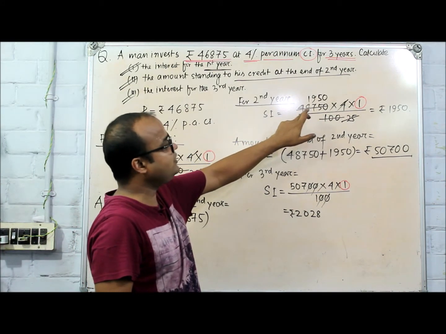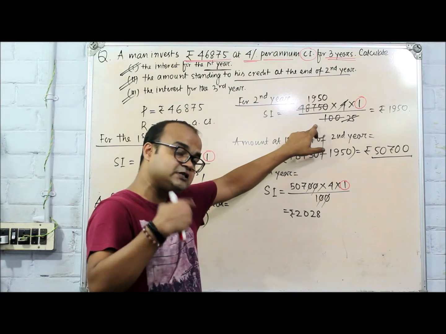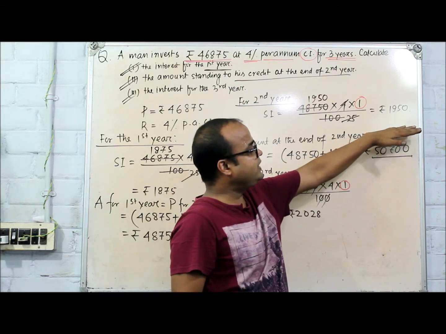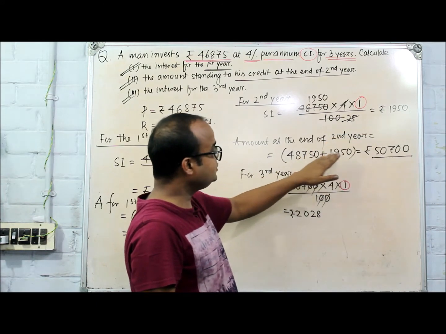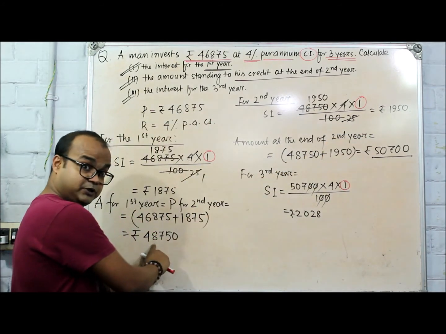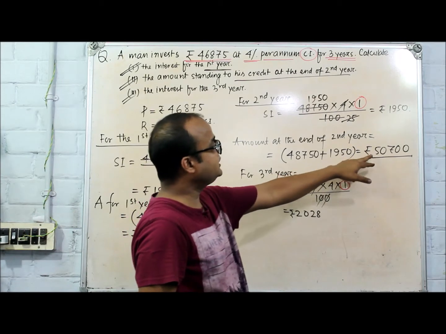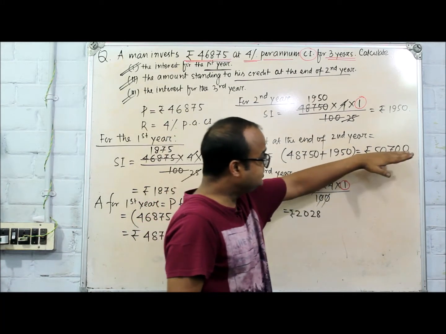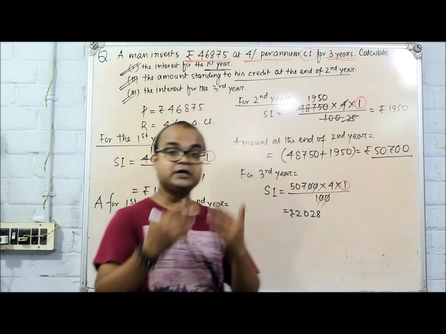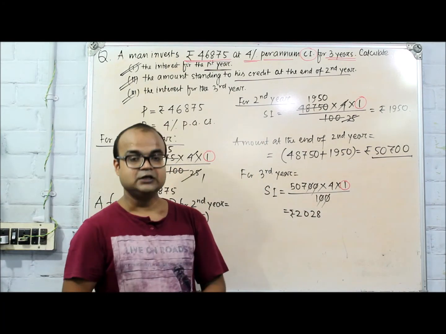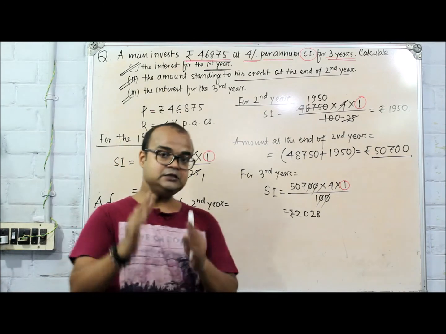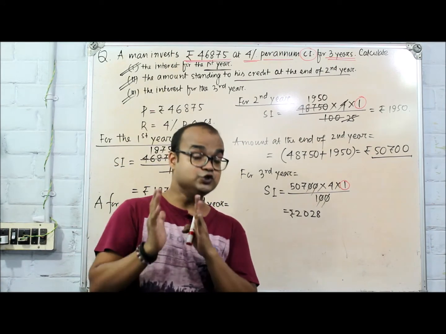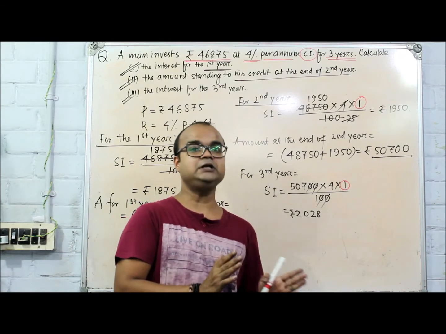On that principal, we are calculating the interest for the second year. Now interest is 1950. That will be added with your principal for that particular year. So that will become the amount for the second year. Now the amount for the second year will become the principal for the next term. So in this way we are going to calculate the compound interest using the formula of simple interest.